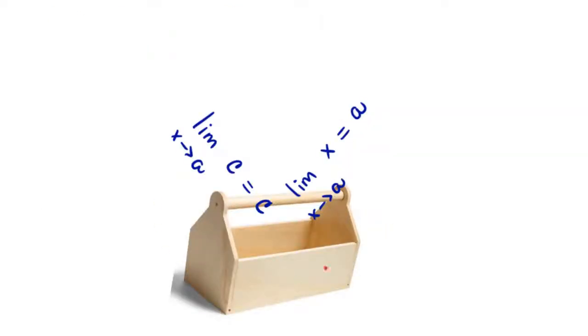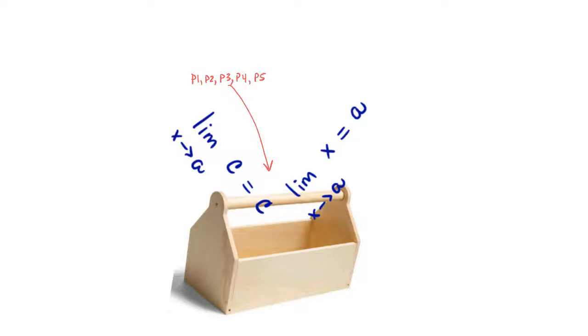So here is our toolbox once again, and I want to start putting things in there. We already started, but let me go ahead and make it obvious here. We already have these two tools from section 2.2, and now we know that we can dump in here the 5 properties that we just discussed. I'm going to call them P1, P2, P3, P4, and P5. These are tools that we have to evaluate limits.